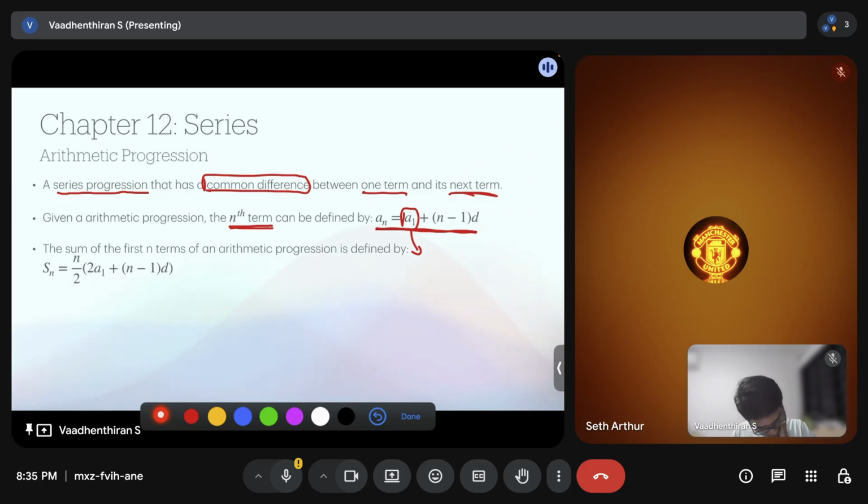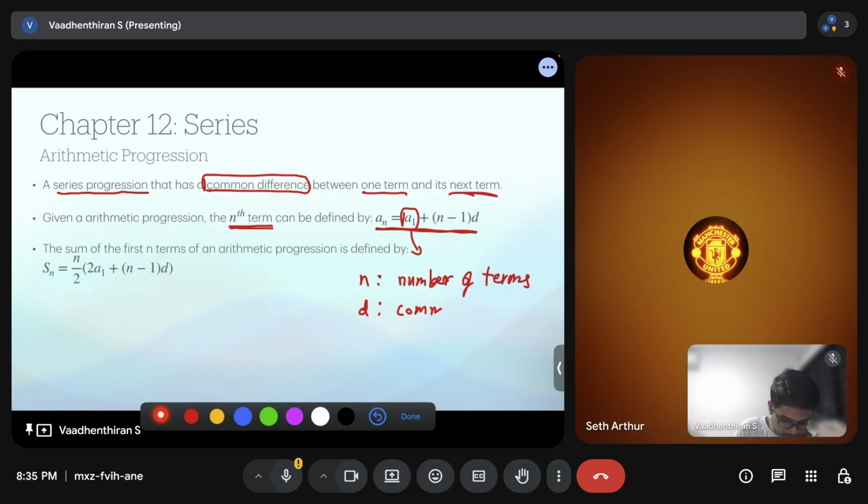The number n represents the number of terms, d represents the common difference, and a1 represents the first term in the sequence.